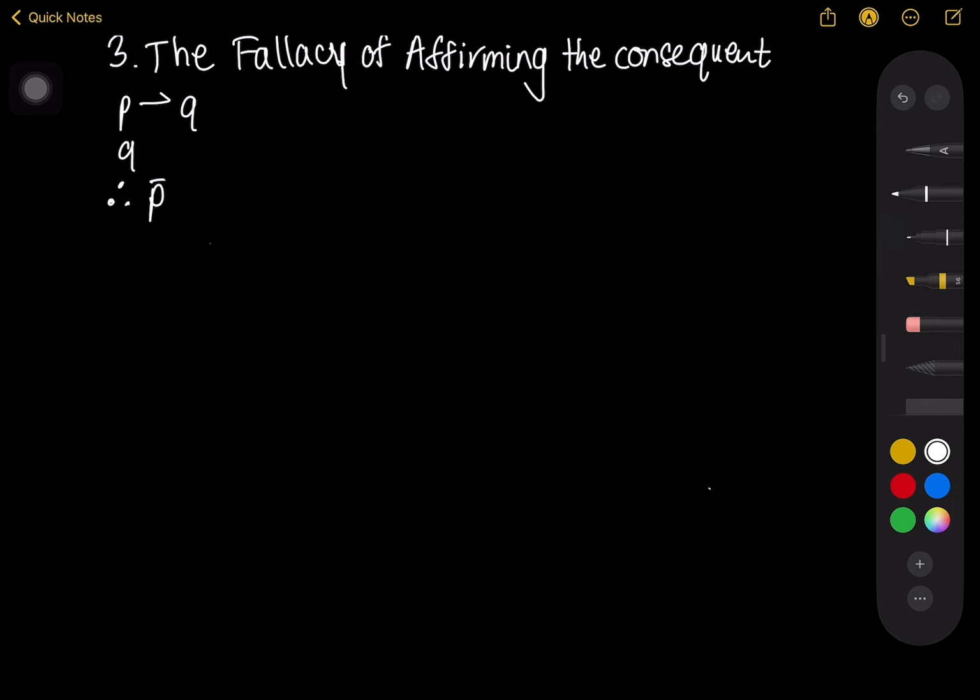Let's move to our third problem, the fallacy of affirming the consequent. In this problem, we have our first premise, if P then Q. Second premise, Q, therefore not P. As always, we are going to convert every statement into an and or or statement.